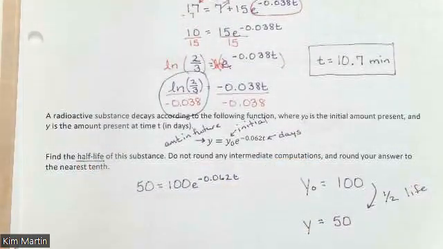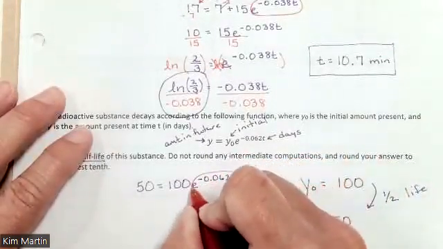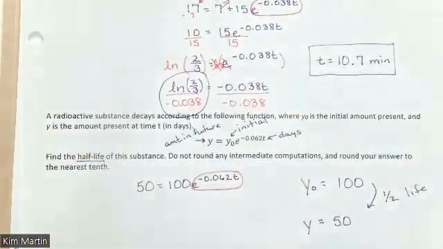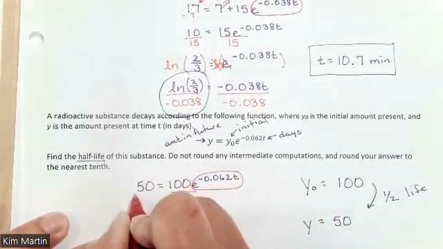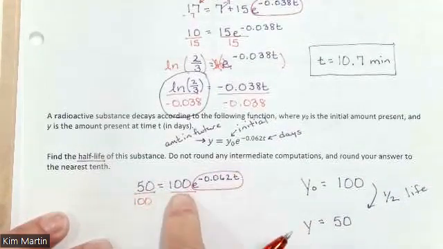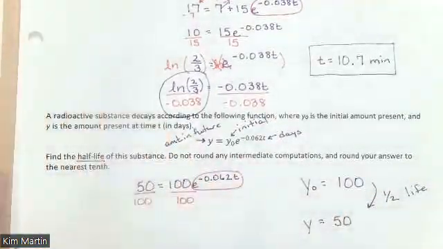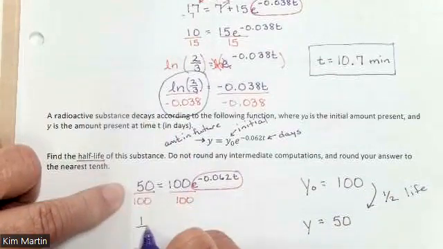I want to know how long it takes for this. Now, remember, we just did these problems. I need to free up our exponent, so we've got to get that by itself. So in my case, I'm going to divide by 100. In your case, you're going to divide by whatever that initial amount was. Look what mine gives me here.